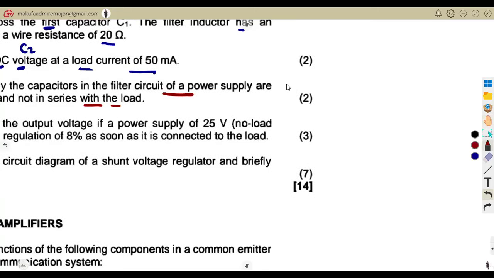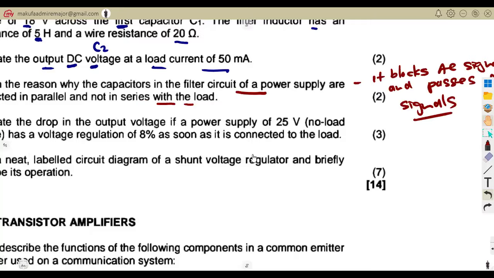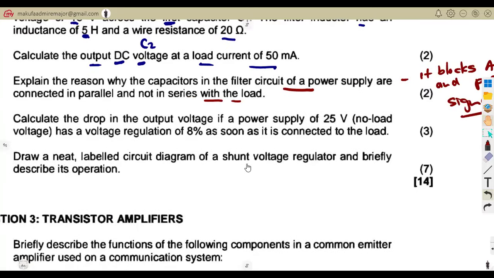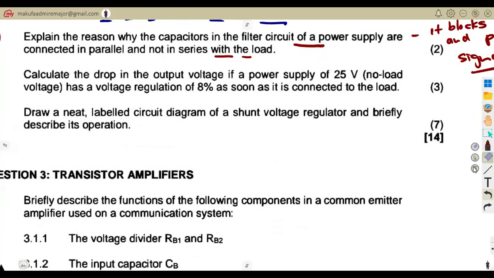The major part here is that it blocks AC signals and passes DC signals. That is the major purpose of having the filter circuit of a power supply connected in parallel, not in series.